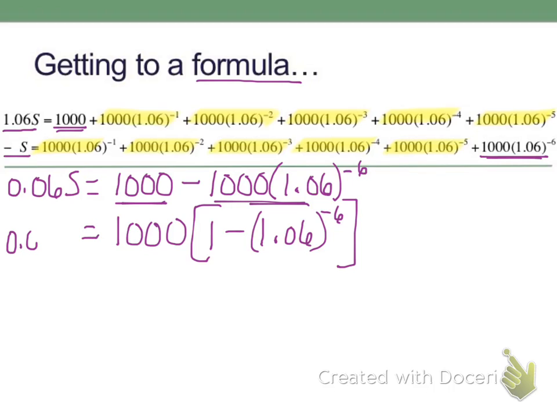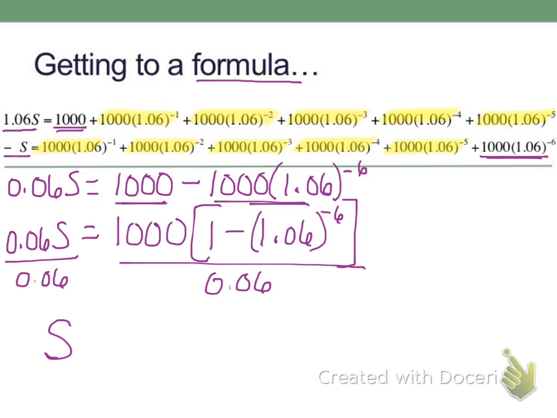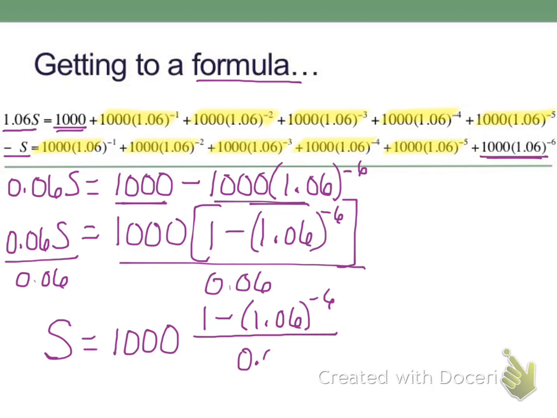That's all still going to be equal to 0.06S. And so now if I divide both sides by 0.06, I end up with a formula that looks like this. S equals the 1,000 times 1 minus the 1.06 to the -6 over 0.06. So that's how that all simplifies down into the formula.